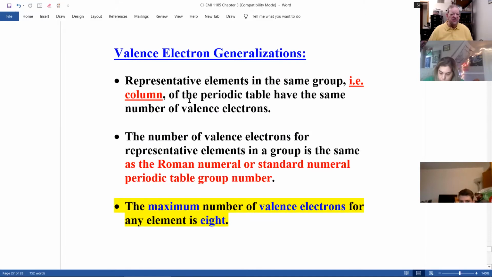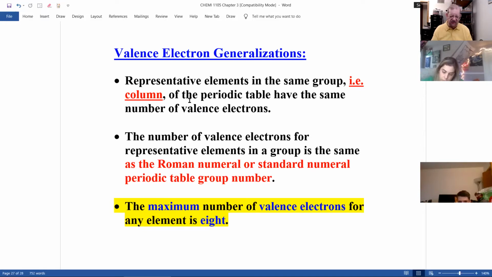Now, this slide has some important things to think about. I won't ask the valence electron generalizations. The representative elements, in other words the elements in the same column of the periodic table, have the same number of valence electrons. The number of valence electrons for representative elements is the same as the Roman numeral or the standard numeral periodic table group number.